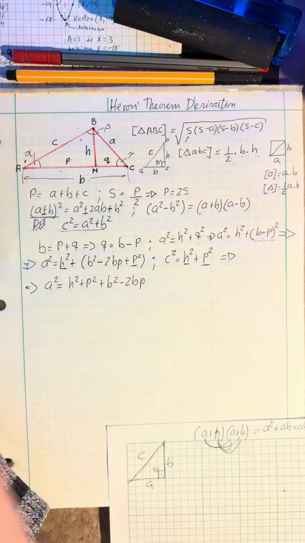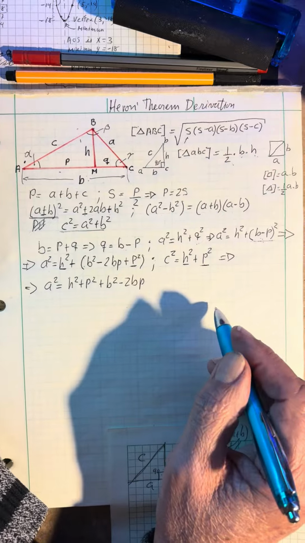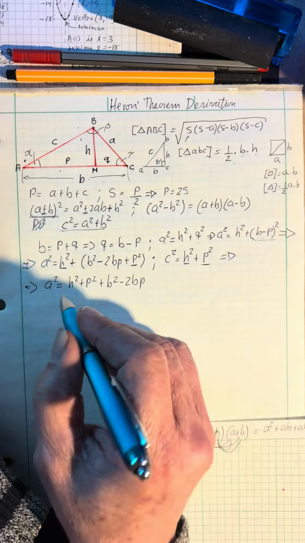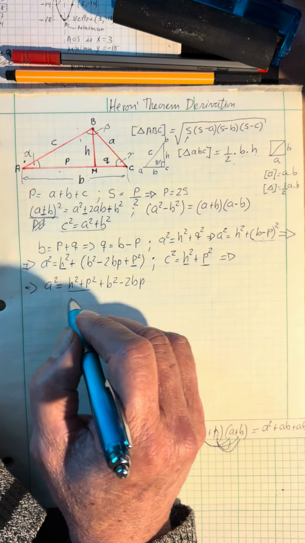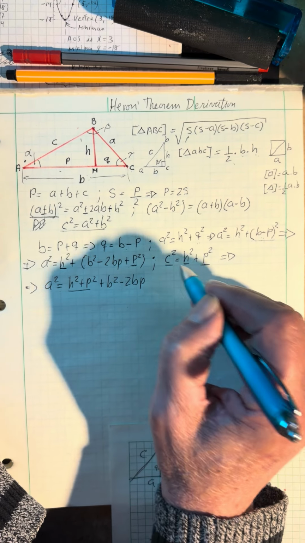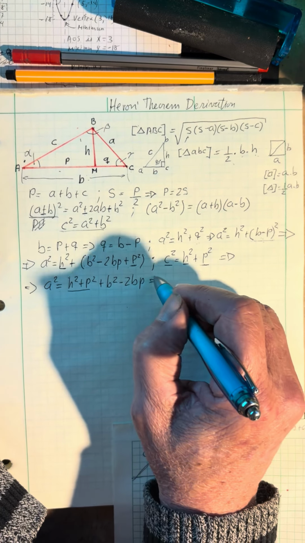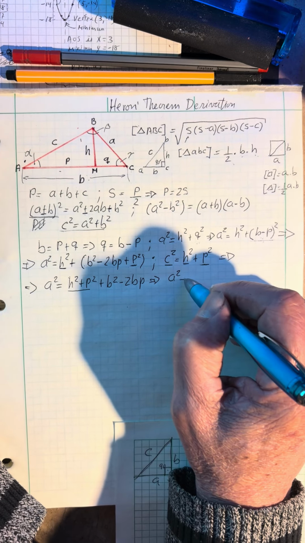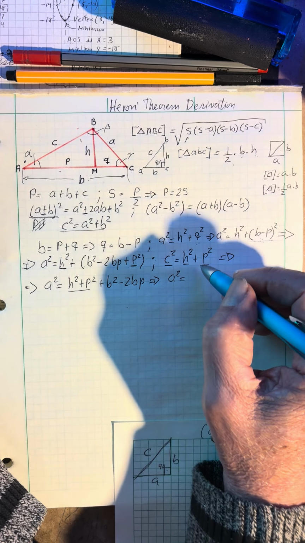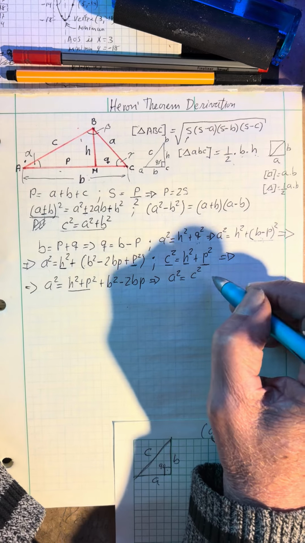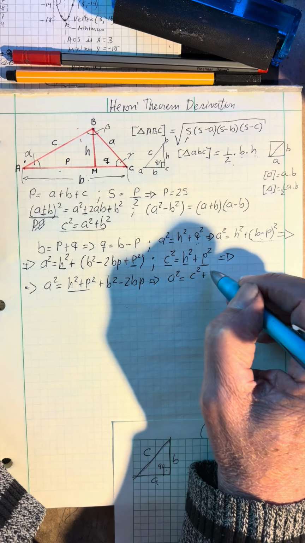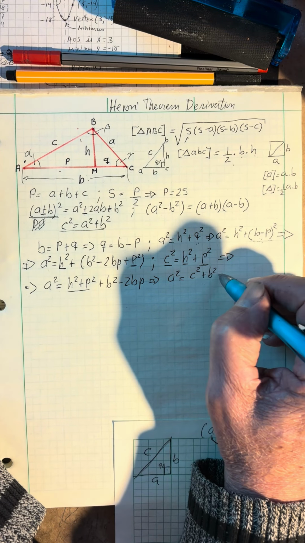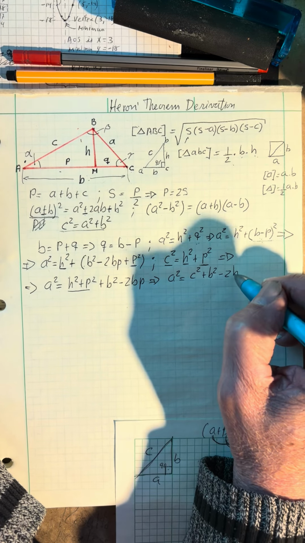And that's it. So we can substitute this by C squared. And so we get A squared equal to C squared plus B squared minus 2BP.